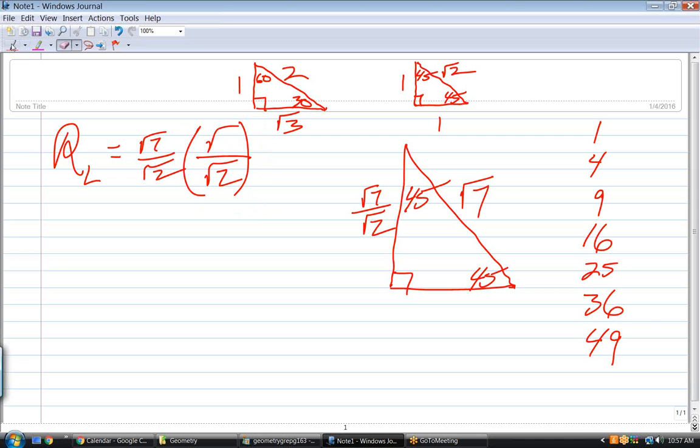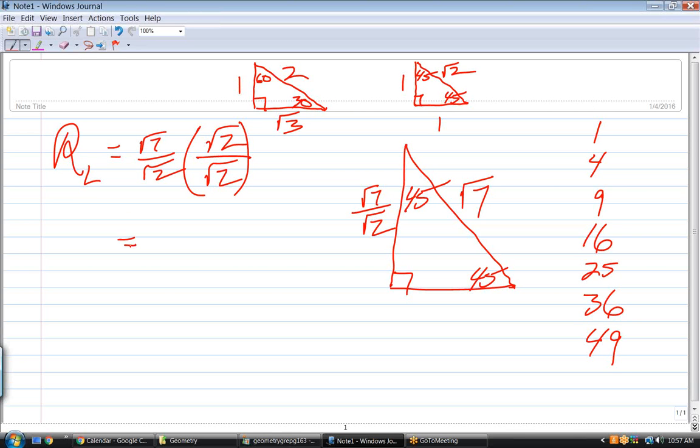So what does the top have to be? Okay. What makes that 1? Square root of 2. There you go. Now I've multiplied it by 1, which means I haven't changed its value.